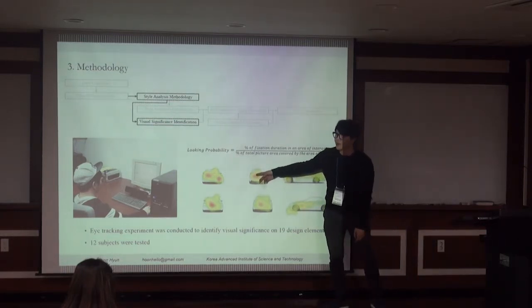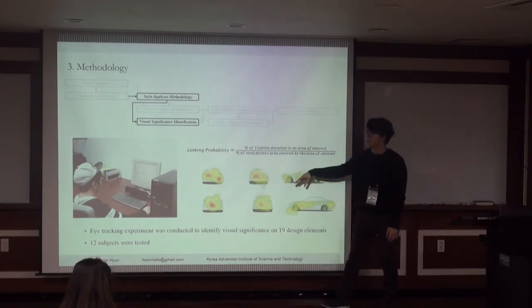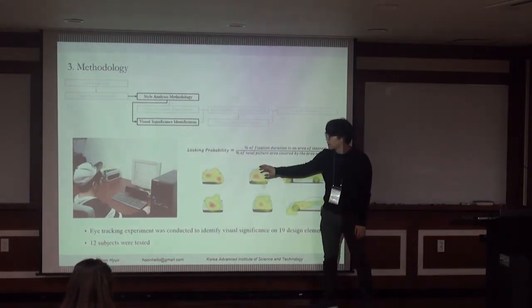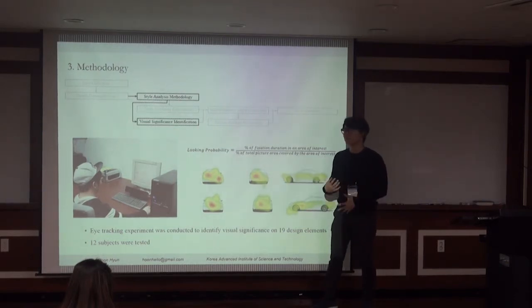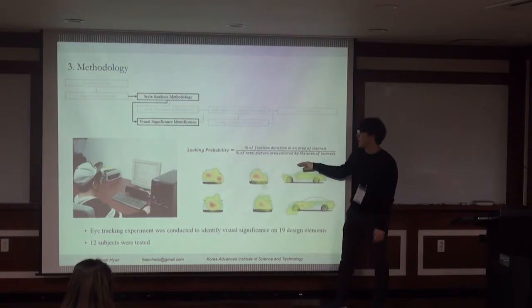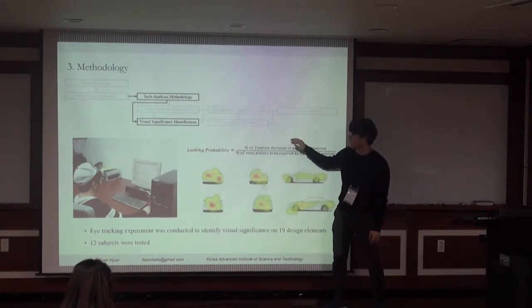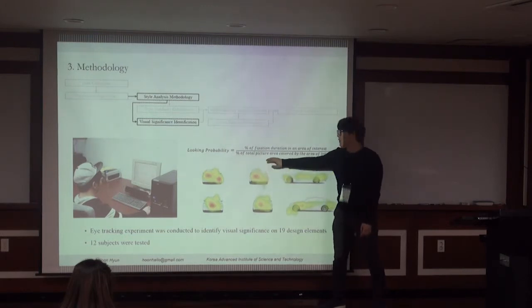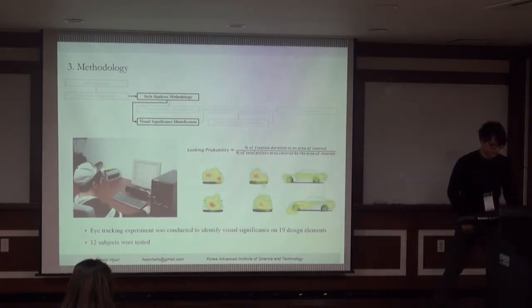It is more like fixation duration. But because each design element has a different size, how we normalized it was by dividing the fixation duration of a specific location by the total picture area covered by the element.